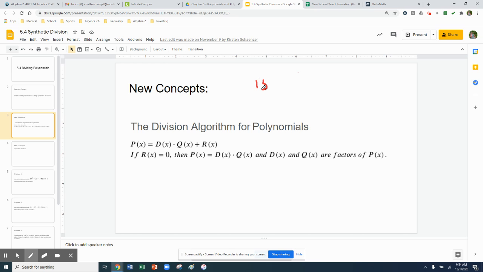So if you look at just a very basic division problem, 15 divided by 3, I'm going to get 5. 15 is called your dividend. And then 3 is called your divisor.